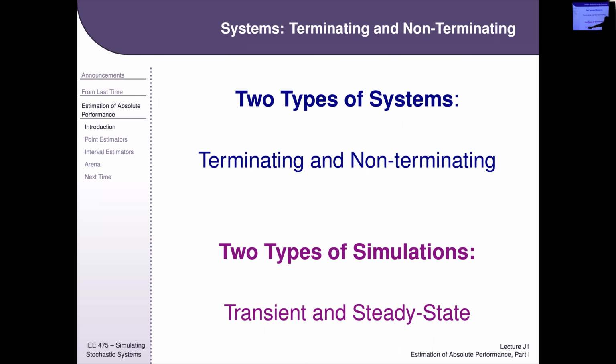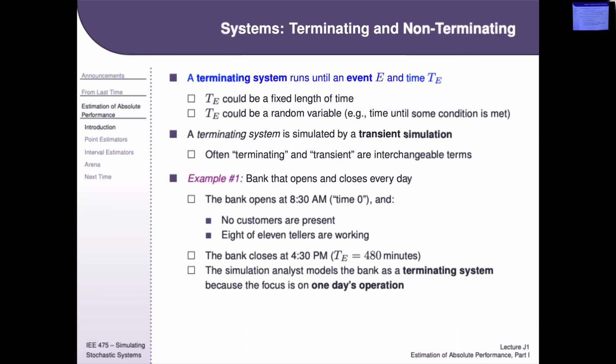Someone will refer to a transient system or a terminating simulation, and that's fine with me. Formally, terminating and non-terminating describe the system, and transient and steady state refer to the simulation. But if you happen to swap them, because you know that a transient simulates a terminating one, you're going to call it a transient system, that's fine. But that's something we have to deal with here.